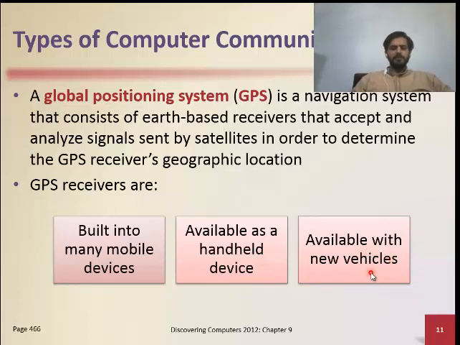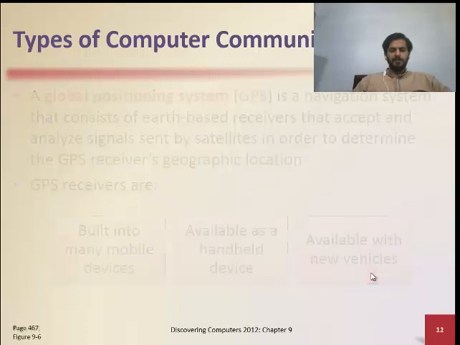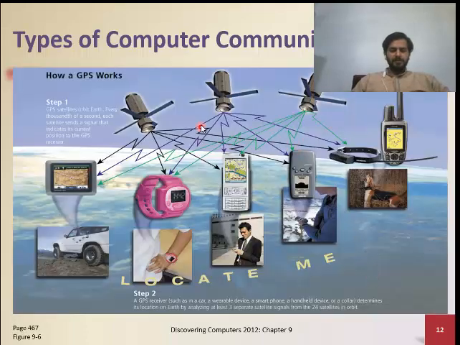Nowadays a lot of vehicles come with a GPS receiver facility. With a GPS receiver we can trace our location or any other person's location with the help of a satellite.